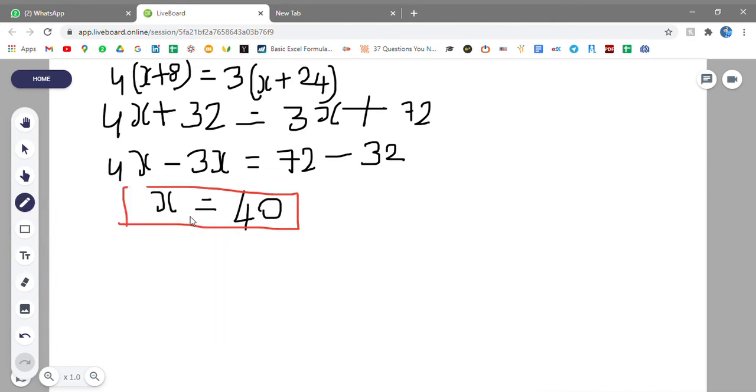So we found the value of x here to be 40. Now whose age was 40?